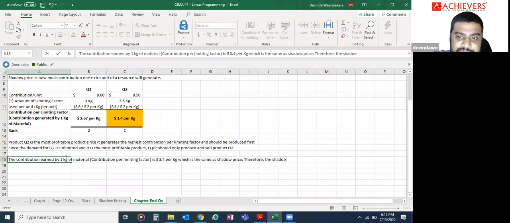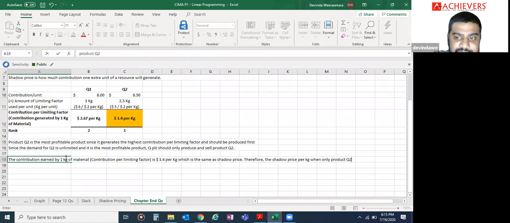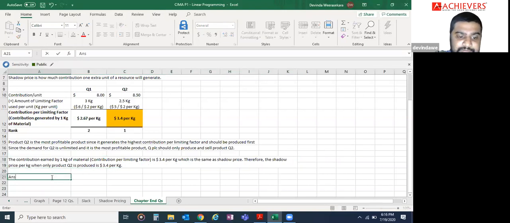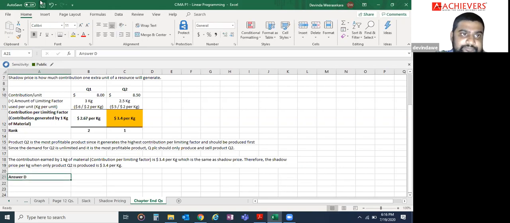Therefore, the shadow price per kilo when only product Q2 is produced is $3.4 per kilo. Answer D. Clear? Answer D.